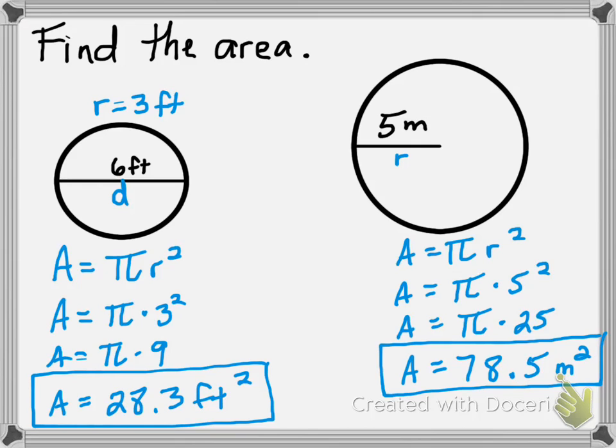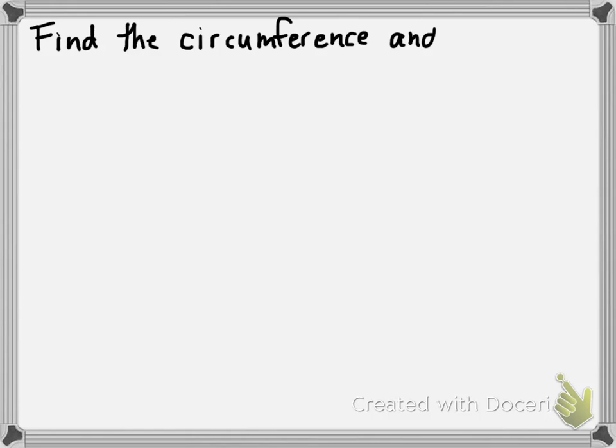Okay, so now, last page. This time, you're going to find the circumference and the area of each circle. Okay, because when you're working on a problem, you're not going to know which one it's asking you for.